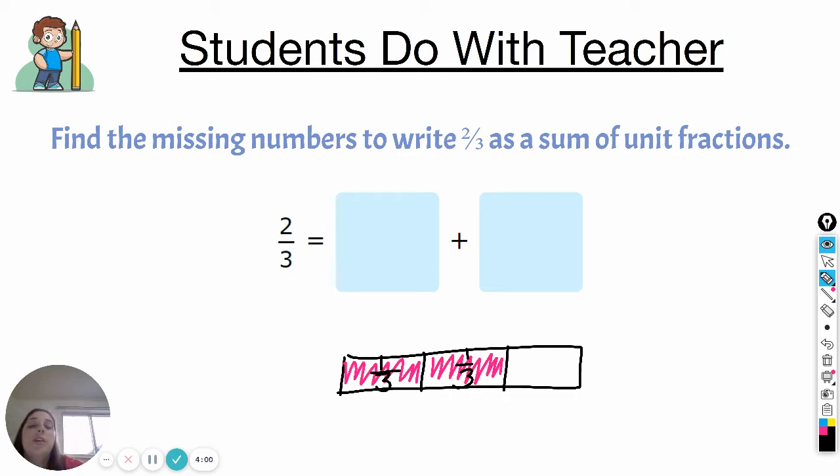So go ahead and write on your whiteboards, what 2 fractions are we adding together to give us a sum of 2/3?